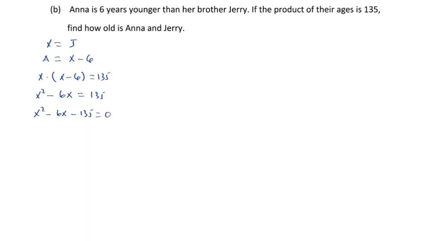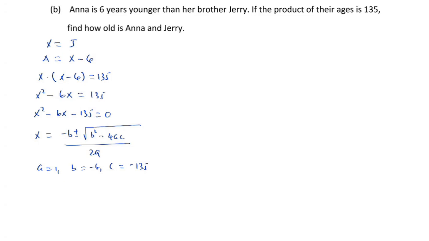Let us apply the quadratic formula to solve for x, which says x equals negative b plus or minus root of b squared minus 4ac, over 2a. From our equation, a equals 1, b equals negative 6, and c equals negative 135.